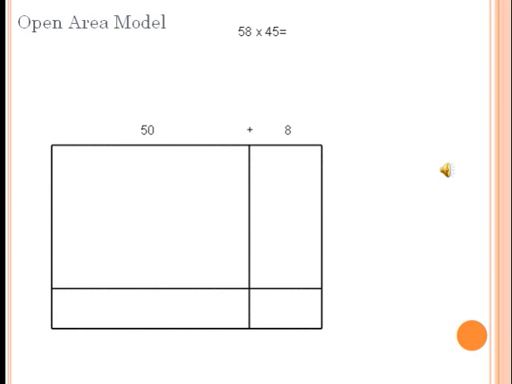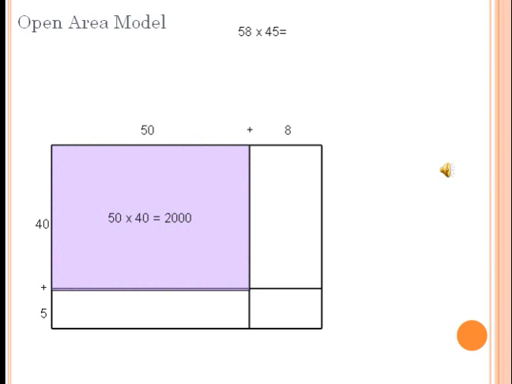Kids will write that 50 plus 8 across the top dimension and the 40 plus 5 along the side dimension. The biggest area, like in the previous problems we've done, is the tens place multiplied together. So we'll do 40 times 50, and know that's 2,000.